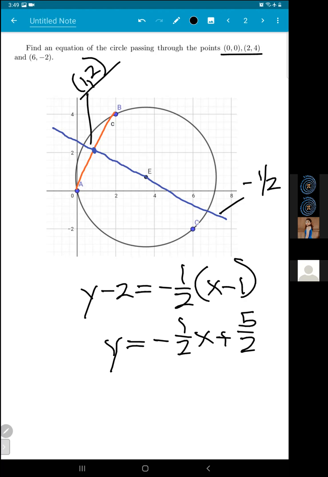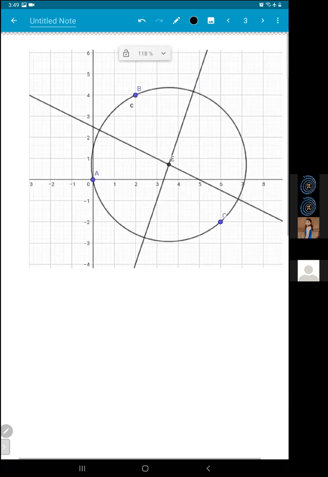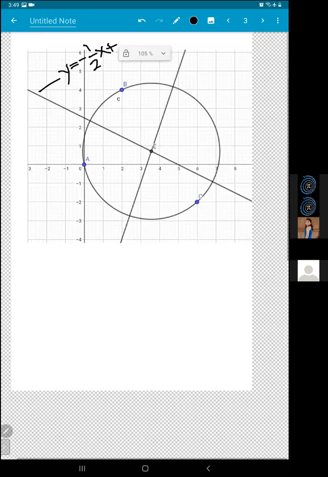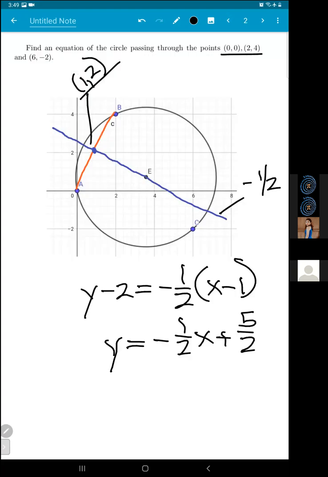And so we have the equation of that perpendicular bisector. Okay, that's one.